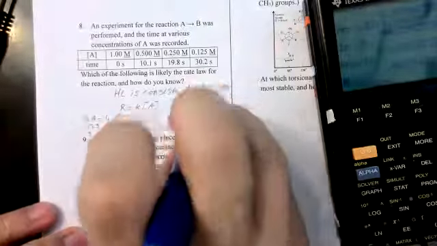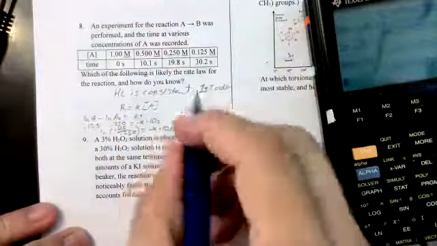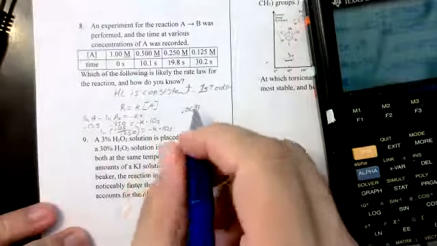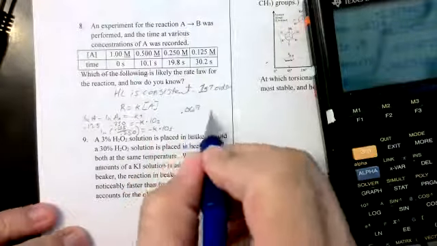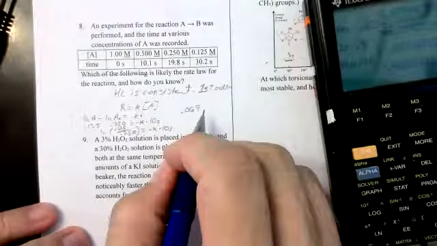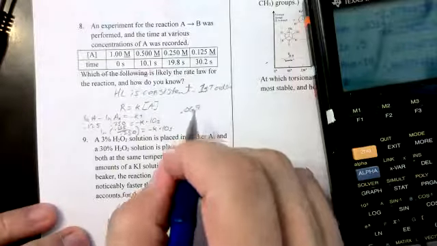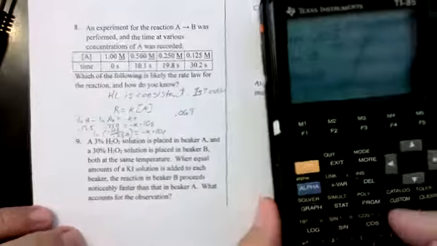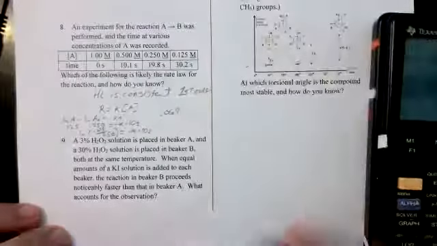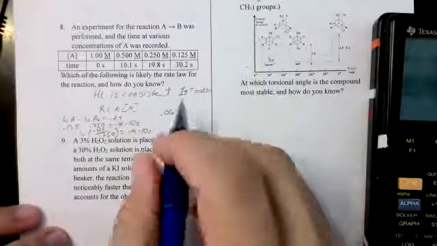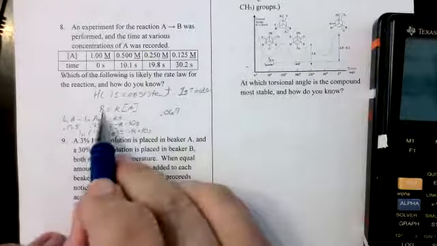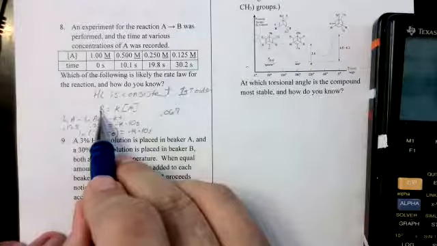Oh, and then you know what? Because I have to teach a class like it means something, K has units. What will be the units on K? Interesting, slightly interesting question. Well, what do we need to get? We need to get rate. Rate is in molarity per time.